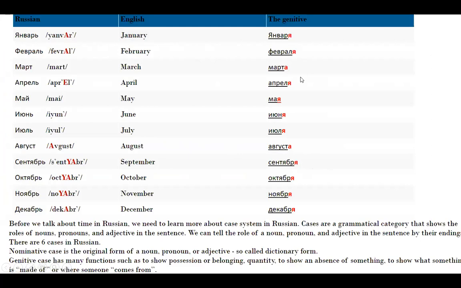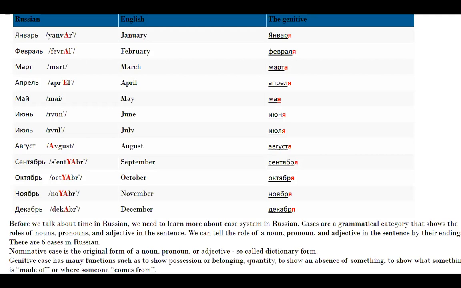But before we talk about time or even months in Russian, we need to speak a little bit about the case system. Cases are a grammatical category that shows the roles of words in the sentence. Those words are nouns, pronouns, and adjectives that have this grammatical category. So we can tell the role of these words in the sentence by their ending.